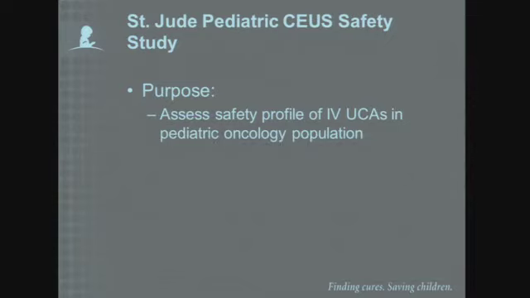So there is an abundance of literature regarding the safety of ultrasound contrast agents in adults, but there's very much less literature available for their safety in children. So at our institution, we performed a retrospective review of the safety profile of ultrasound contrast agents in our pediatric oncology population.